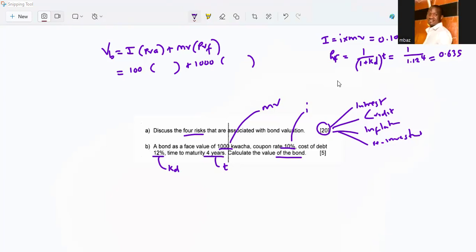Okay, so what is the present value annuity factor now?